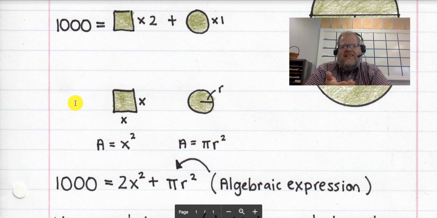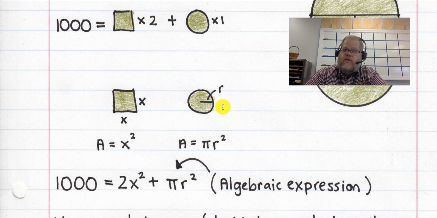But x is easier in this case. So we'll say x and x. The area of one square is x times x, which is x squared. The area of a circle is that irrational number, that constant called pi, times the radius squared.